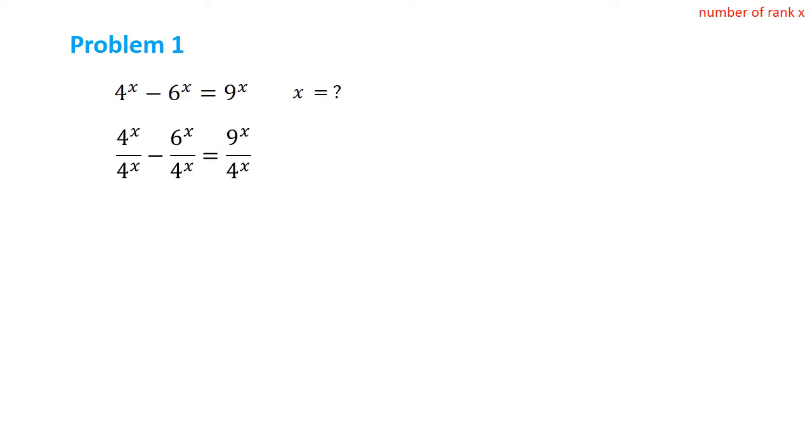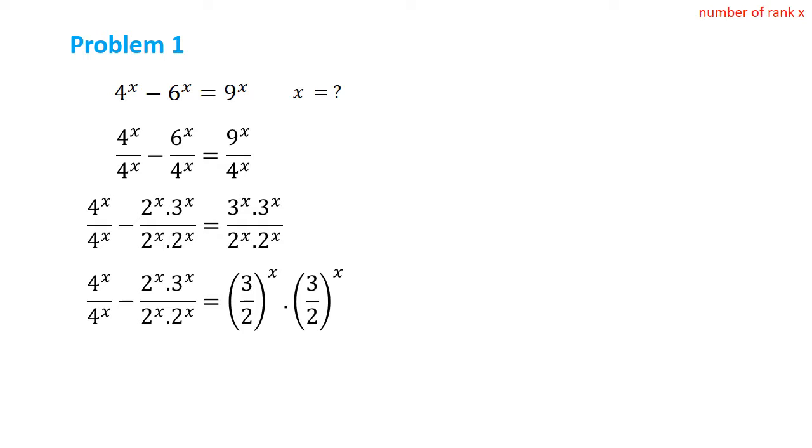Divide each term by 4 to the power of x, and we have 1 minus (3/2) to the power of x equals (3/2) to the power of 2x.